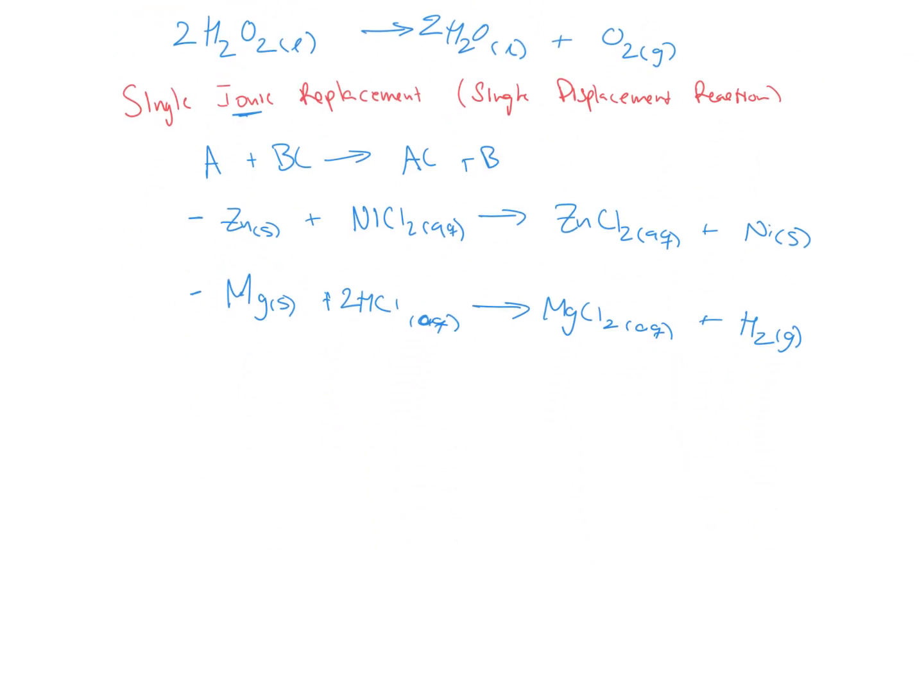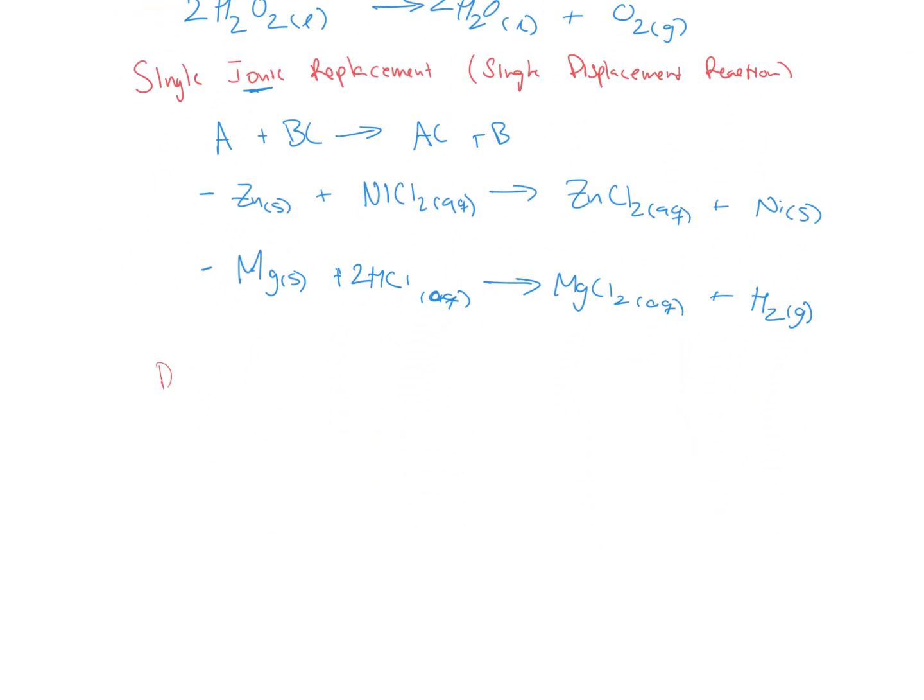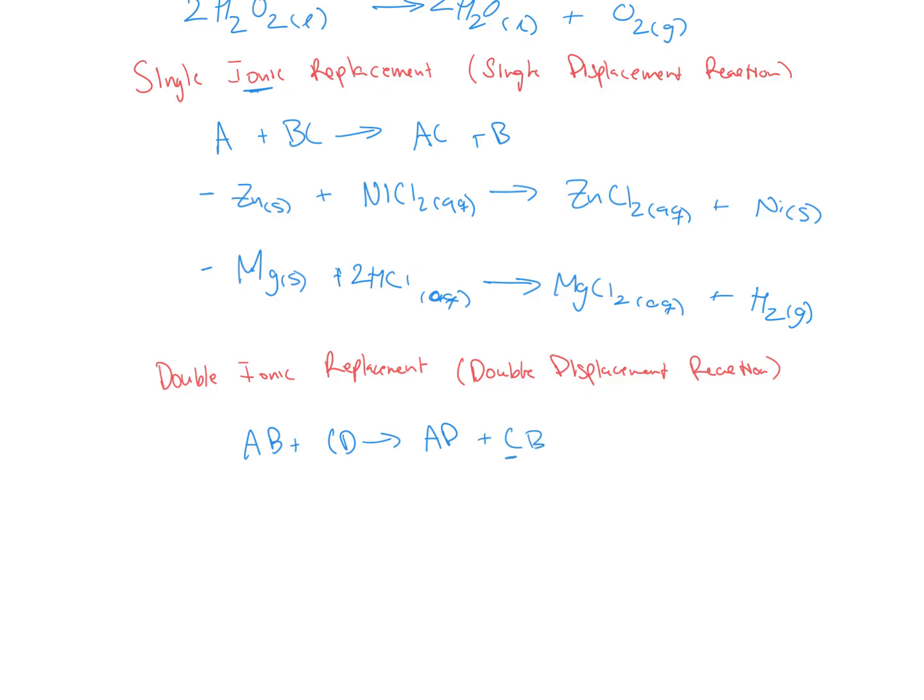The fourth major class of reaction is the double ionic replacement, or the double displacement reaction. In this reaction, we will have AB plus CD will make AD plus CB, and C is specifically first because that is our cation.